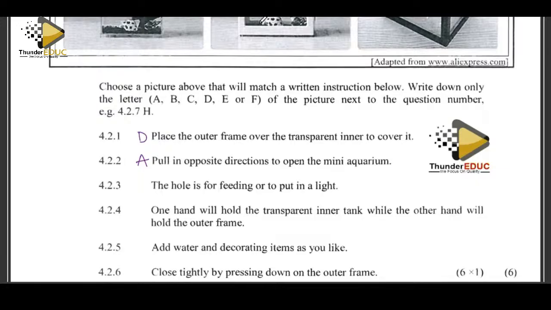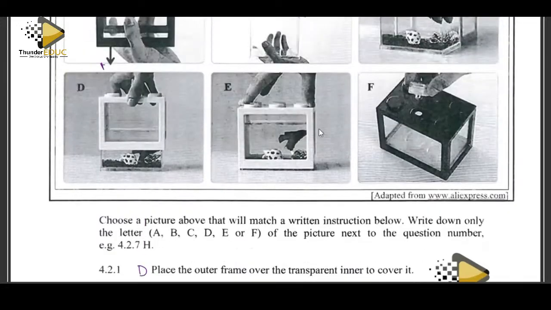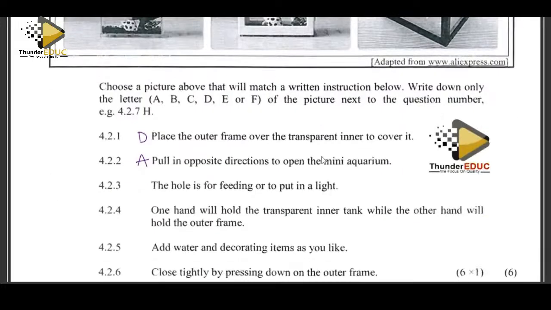The hole is for feeding or to put a light. Now, which part here has a hole? It's this one. One hand will hold the transparent inner tank while the other hand will hold the outer frame.